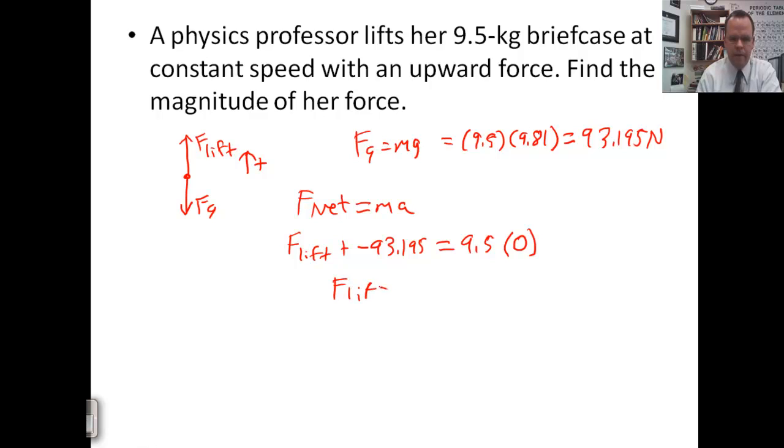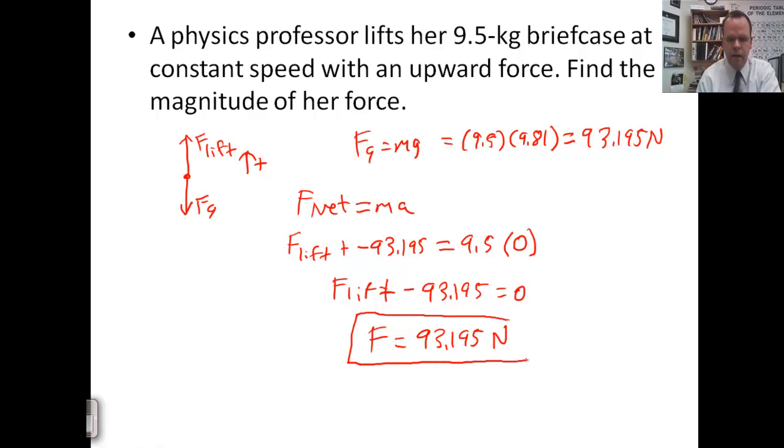So the force of the lift minus 93.195 equals 0. So the force is equal to the force of gravity, because it's moving at a constant speed, so 93.195 newtons.